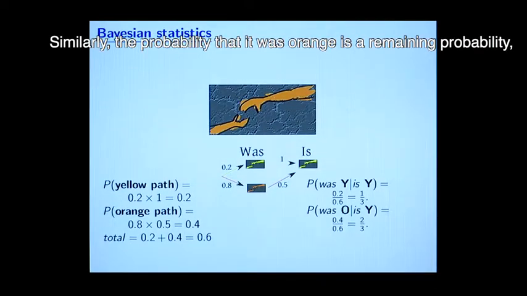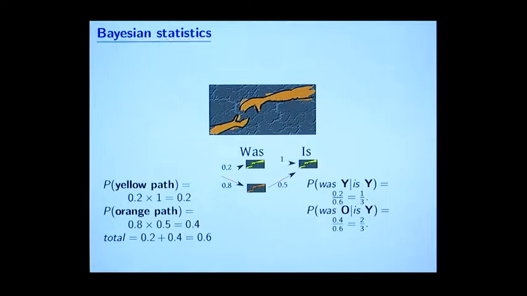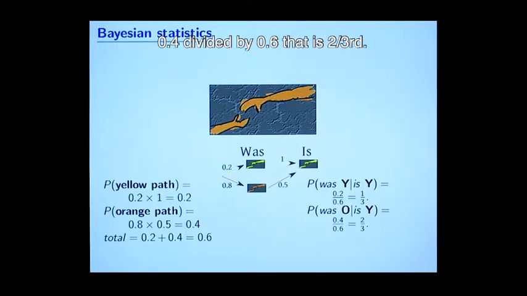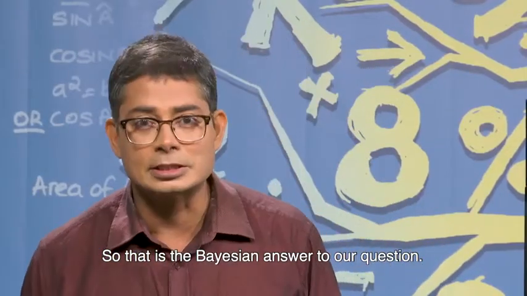Similarly, the probability that it was orange is the remaining probability, the lower path divided by the total probability, 0.4 divided by 0.6, that is 2/3. So, that is the Bayesian answer to our question.